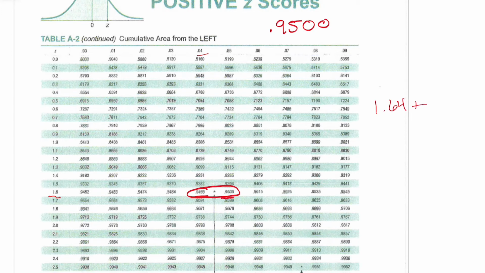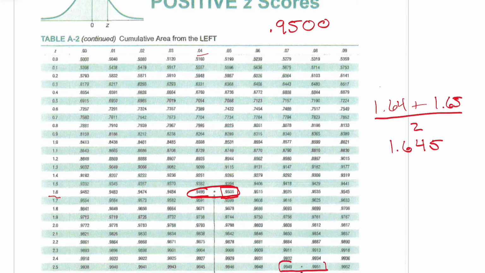The one that corresponds to the one just above is going to be 1.65. I'll find the mean of those two values, and that will give me 1.645. That is how we get a 3 decimal z-score when we don't have an exact area measure and we have two values that are equally far apart.